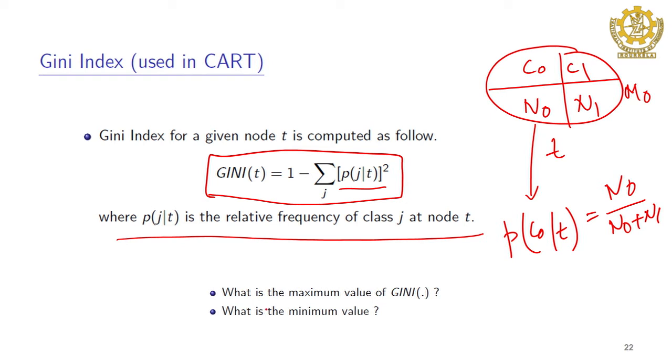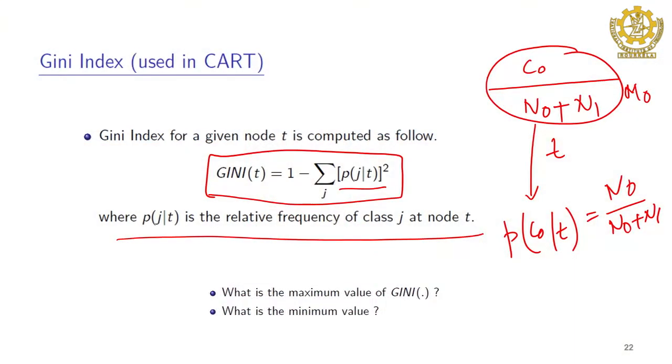Now, tell me what is the maximum value of the Gini and what is the minimum value? What will be the minimum value? Let us say there are no other classes, and all N0 plus N1 objects belong to a single class, C0. Then what will be the relative frequency of C0?